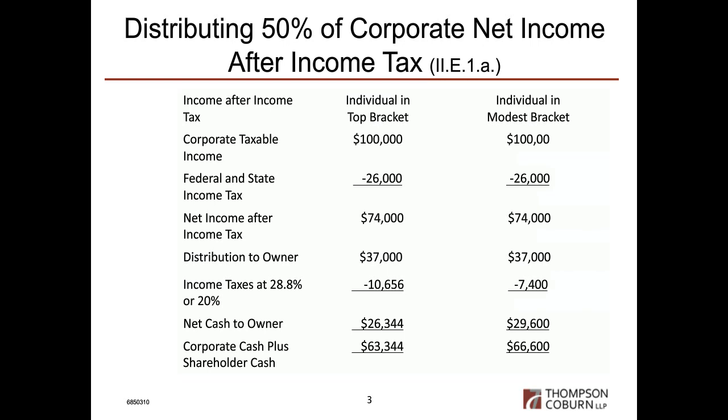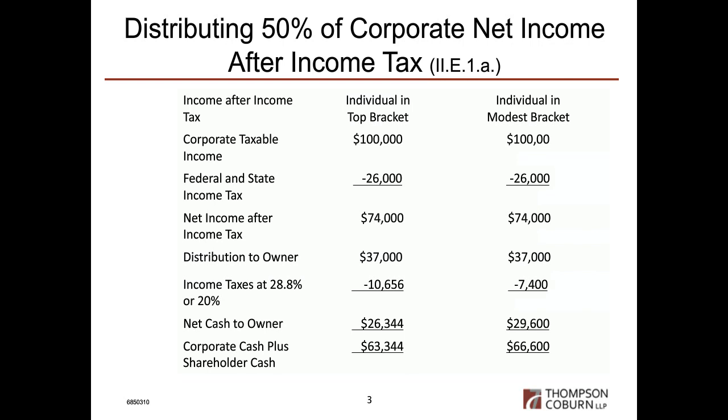Now again, remember this is only the one half that was distributed to the shareholders. The corporation reinvested the remaining one half. So there's $37,000 that got reinvested inside the corporation. If we add that to the $29,600 that the shareholders received net after income tax, we come up with $66,600.